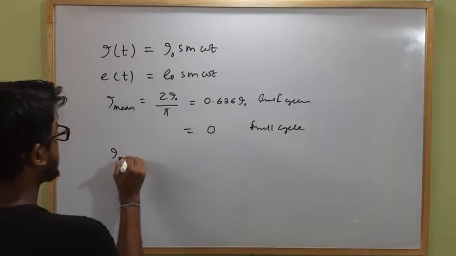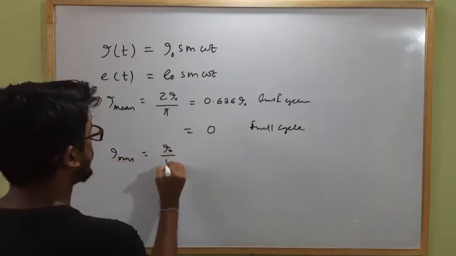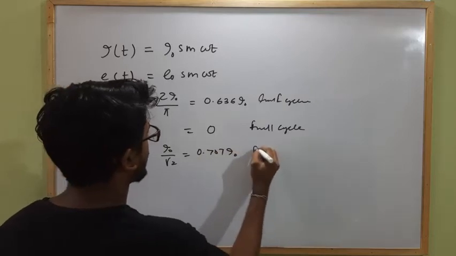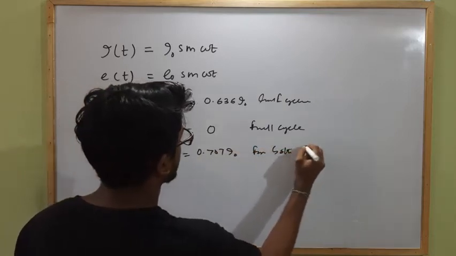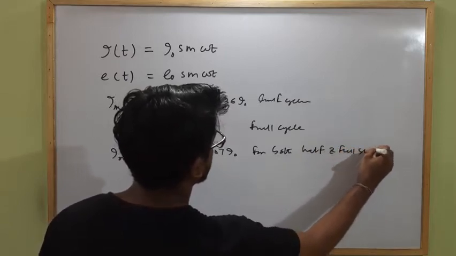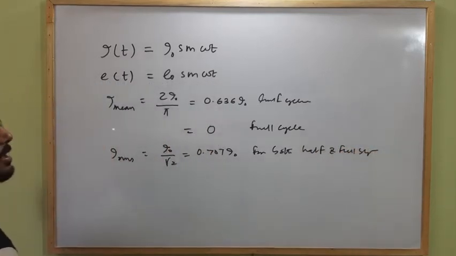Whereas I RMS is equal to I naught by root 2, which is 0.707 I naught for both half and full cycle. Clear? We already studied about this.